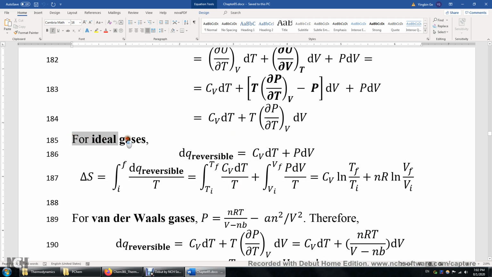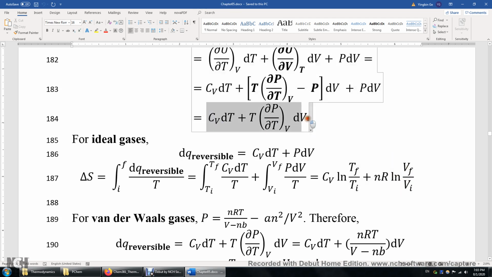I forgot to mention that for ideal gases, partial P over partial T is simply nR over V. And then nR over V times T is just pressure, so over here. All right, so the entropy change for the ideal gas is this, and then we can simplify it. We get the same expression, Cv times the logarithm of the ratio of temperature plus nR times the logarithm of the ratio of volume.